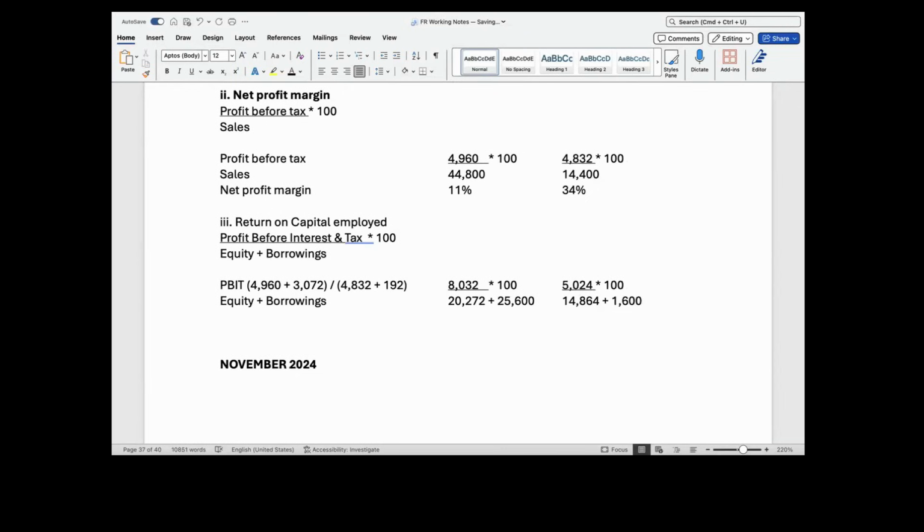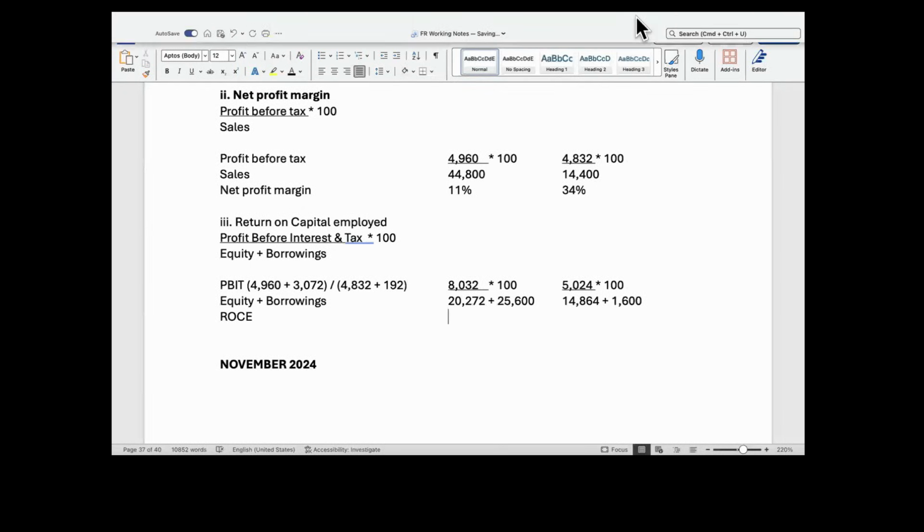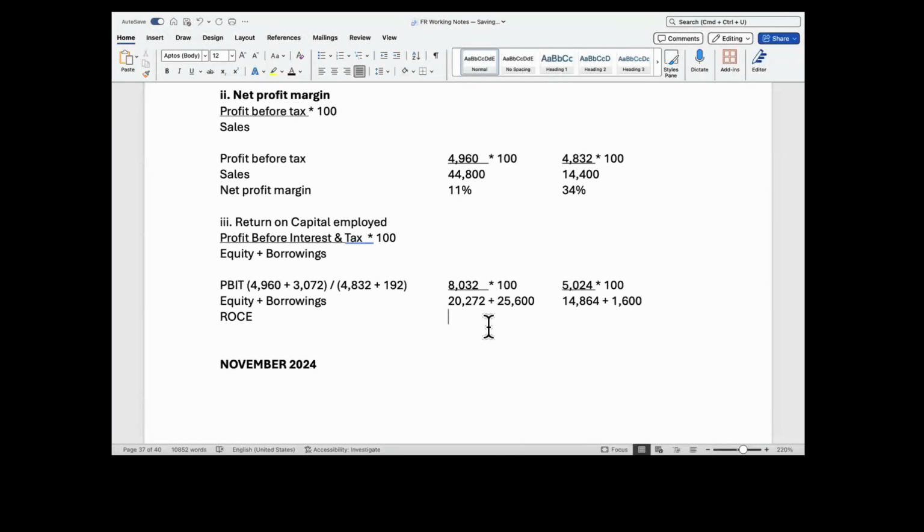Okay, so what's my ROCE? Return on capital employed. So what do we have for 2024? 17.5%. In 2023, it's 17.35.